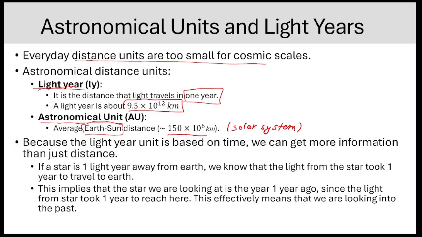When we observe deep space, we are basically looking into the past, because the light has been traveling for, for example, 1 year if it was 1 light year. So the star we are seeing is basically from 1 year before.